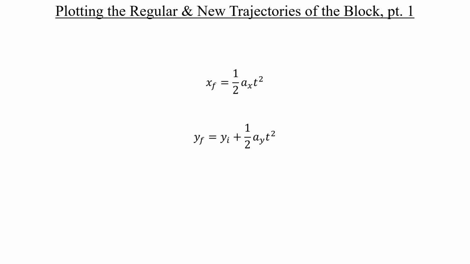One more adjustment before we start plugging things in. In Excel, functions are plotted with plus x to the right and plus y upwards. This is going to conflict with how we set up our coordinate system for the block, where we had plus y down the ramp.